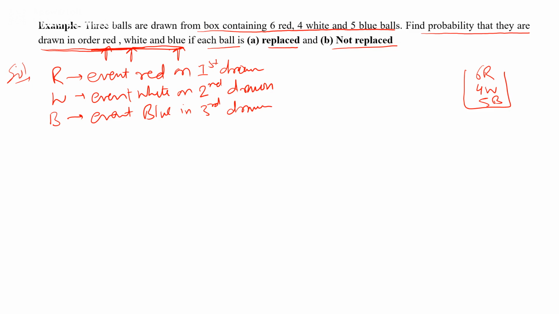So here the first condition, when we replace the balls, means the number of balls remains the same on every draw. Means if we pick a ball, we put it back in that container.